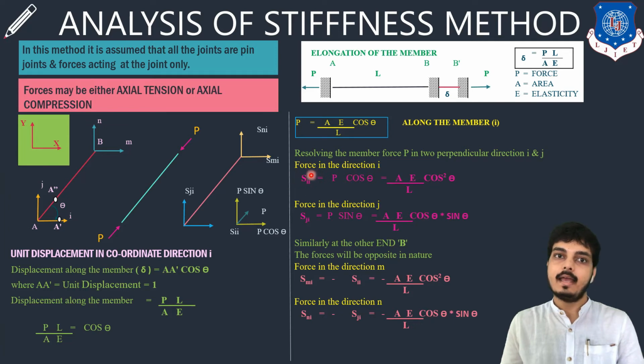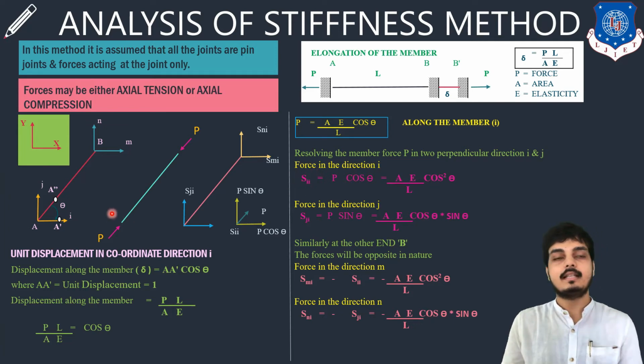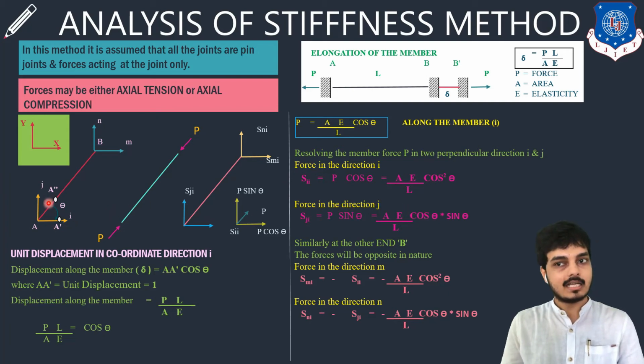This is nothing but my S11, the stiffness matrix element S11. Forces along j direction, means in vertical direction, so S21 is nothing but P sin theta as I have written over here. So we have the value for P, AE upon L cos theta, putting it in, multiplied by sin theta.